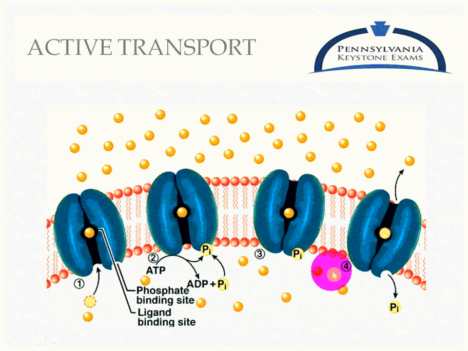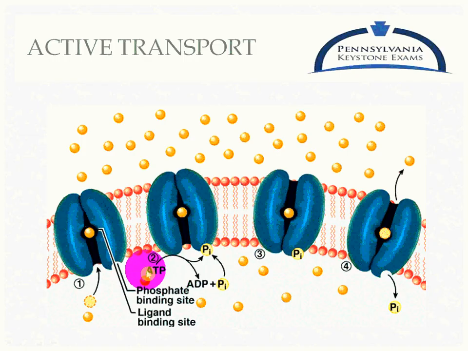So I can see in this case, this is the inside of the cell, and this is the outside of the cell. I see a low concentration here, and I see a high concentration here. So in active transport, I'm going to be going from low to high. You can see right here, step 1 is going to happen. They're showing you that my molecule, my ion, whatever it is, is going to want to bond here.